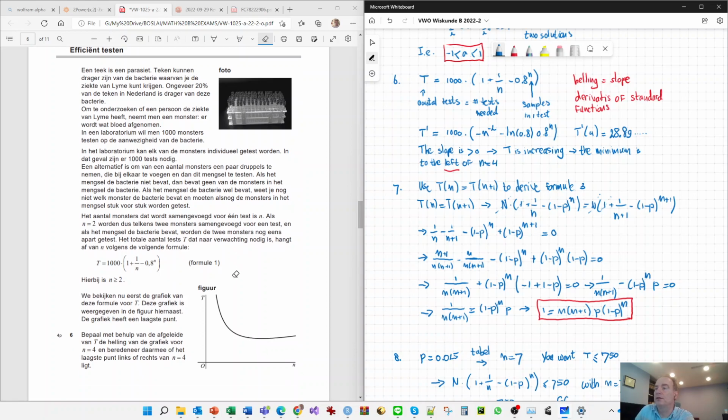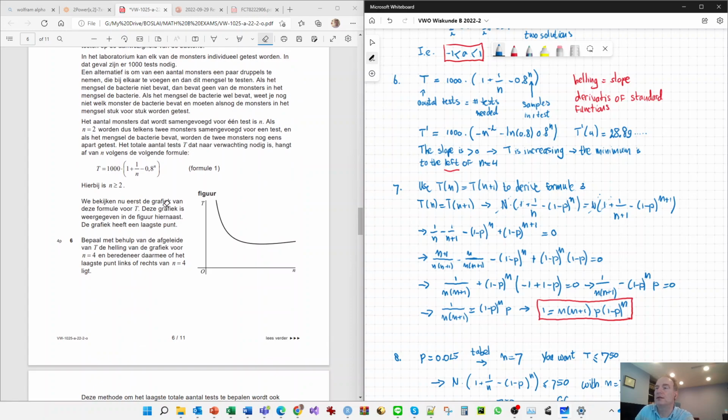Well, let's see what they're asking. They say that this function t of n has a lowest point, a lowest extreme, which kind of can be seen here. So it's kind of slowly going up here.